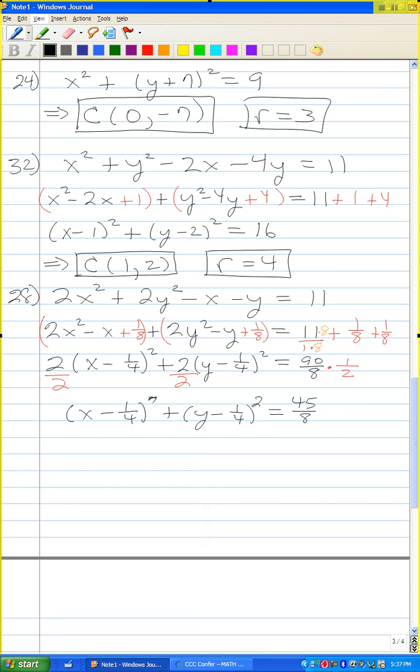Therefore, the center of my circle is at (1/4, 1/4). The radius of my circle is going to be, oh, actually, I should leave it as 90 over 16. And so the radius will be the square root of 90 over 16.